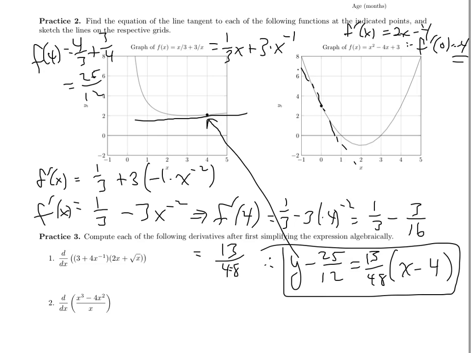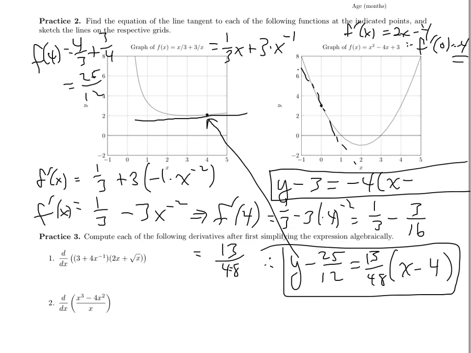And so, therefore, the equation of the tangent line will be y minus the y-coordinate here, which is 3, is equal to the slope, -4, times x minus the x-coordinate here, which is 0. So that is okay as the equation.